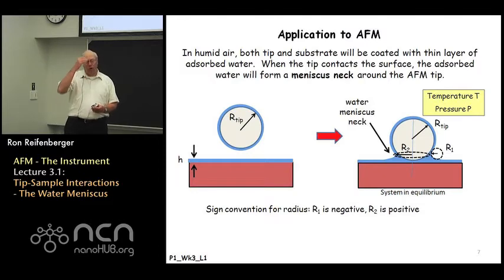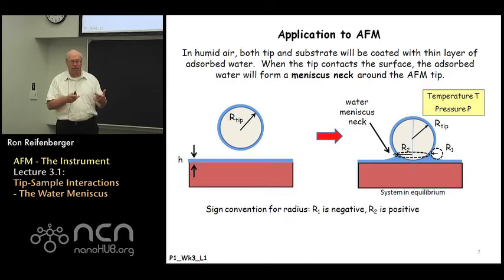Now for our purposes, it's important to follow through on these two equations, and I try to show that in this slide. First thing you have to realize is that in any experiment that's done in ambient conditions, all the surfaces are basically coated with a very thin layer of water.